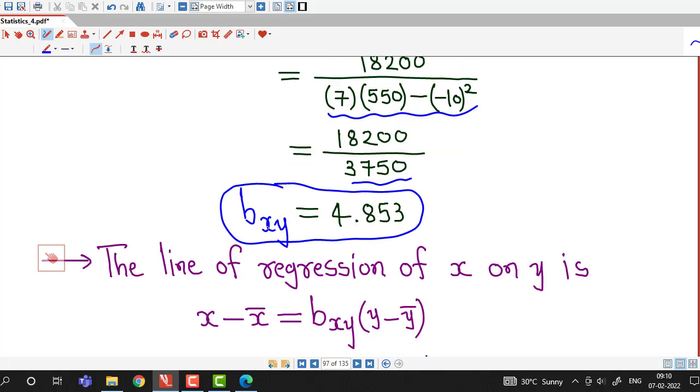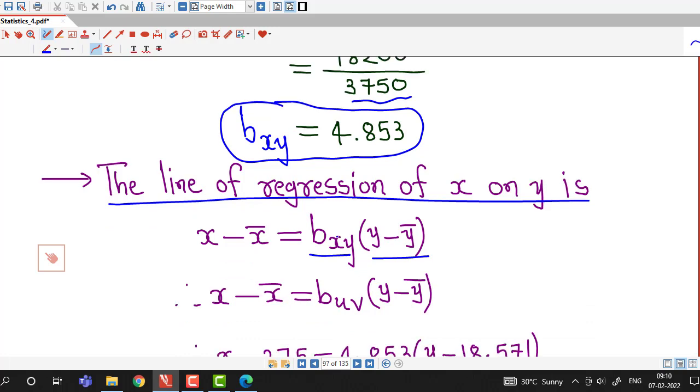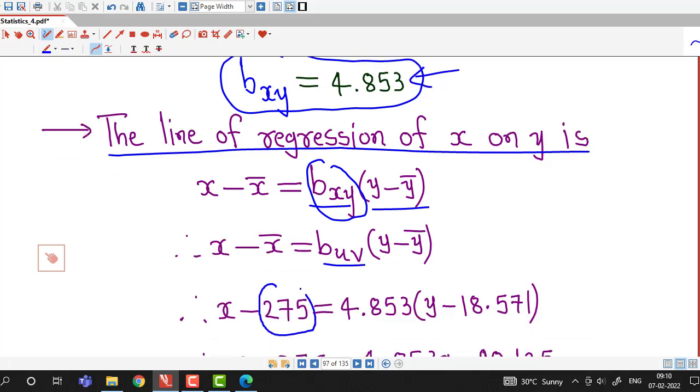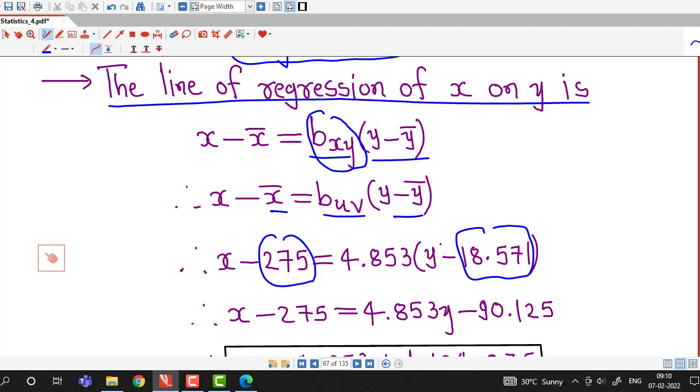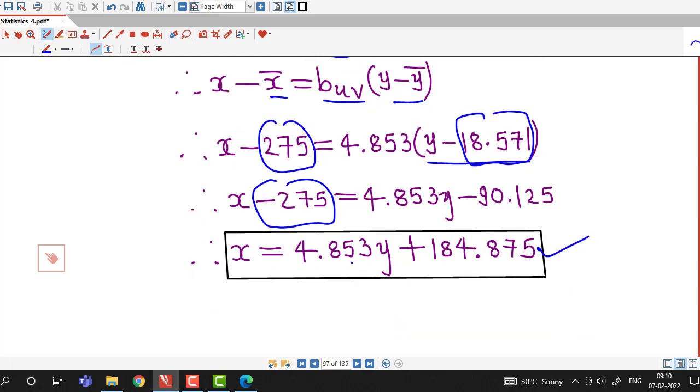4.853. So now we are able to write down the line of regression of x on y, that is x minus x bar equal to bxy times y minus y bar. Bxy is equal to buv, which is 4.853, and we have obtained mean of x and mean of y. So we substitute all these quantities here, and then we multiply this bracket with 4.853, and after that we take this on right hand side, and we obtain this line of regression of x on y.